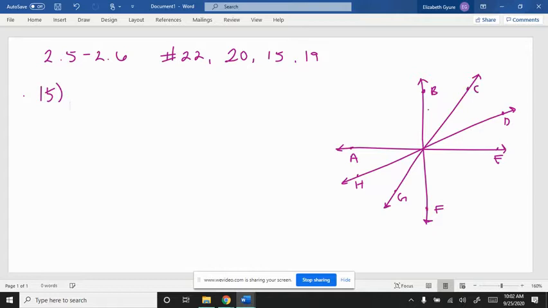And then this is C. Okay, and then we have that this angle is X and this angle is Y, and that these are perpendicular. Therefore, they make a right angle. So for number 15, it wanted us to find angle COH, like give it a little expression or a label.